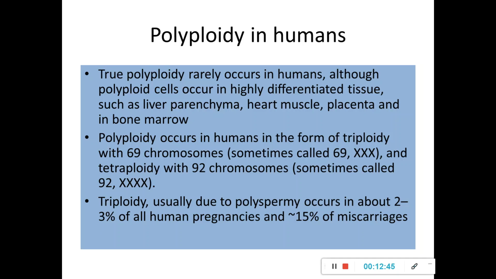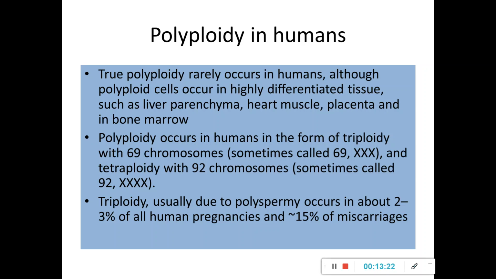Now, this will go to the next topic, polyploidy in the case of humans. True polyploidy rarely occurs in humans, but you can see it in some cells, for example in the liver parenchyma, heart muscle, placenta, as well as in the bone marrow, where we can find some polyploidy in particular tissues. Sometimes polyploidy can occur in the form of triploidy. That is, instead of 2n, we might get a 3n condition with 69 chromosomes, sometimes called the 69, XXX. Tetraploidy can also happen, with 92 chromosomes.